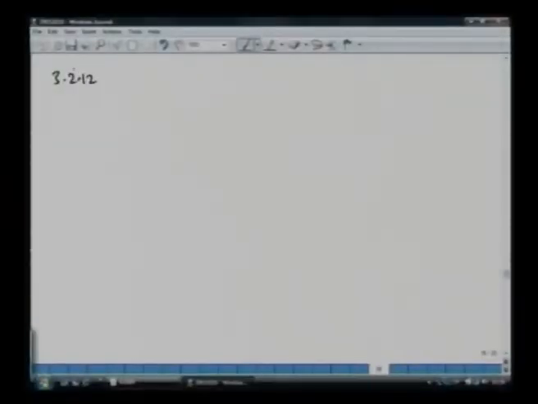So, if we take equation 3.2.12, it will give me rho as P over R T. Remember what was 3.2.12?